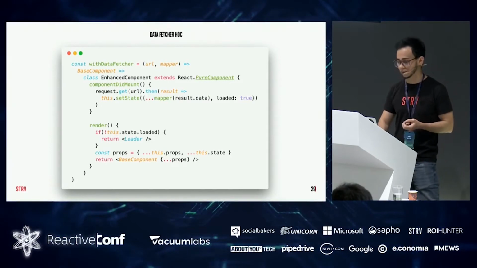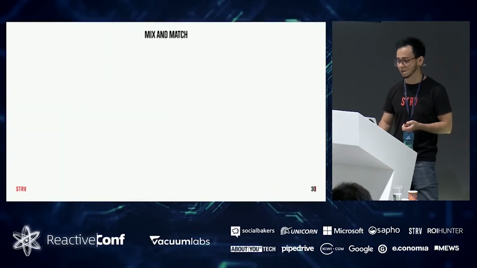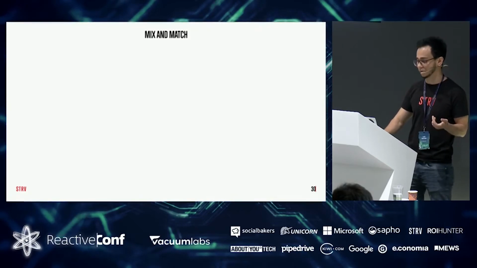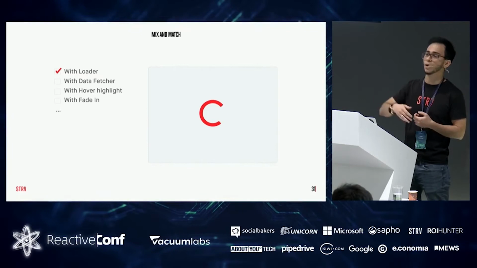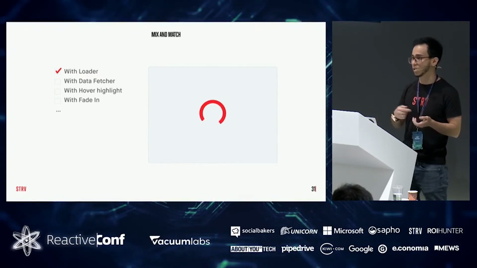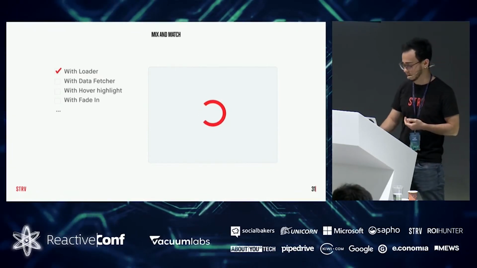Now I like to think of higher order components as something like a checklist. So we can take whatever we have on our list of higher order components and just check what we can use to enhance the components we have.